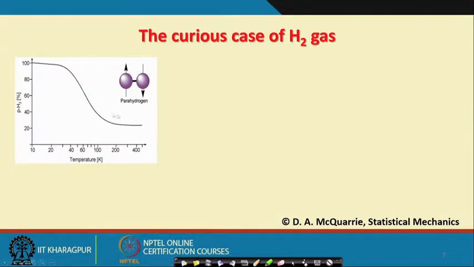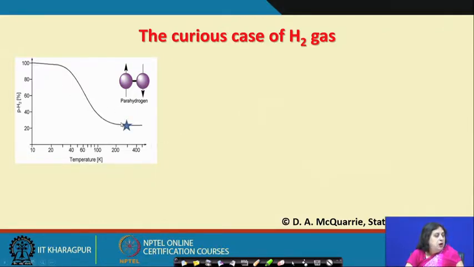Now, this particular picture that I have shown here assumes that at every temperature the percentage of para-hydrogen is a function of temperature, and at a given temperature this is the percentage of para-hydrogen if para-hydrogen is residing at equilibrium with ortho-hydrogen at that temperature.